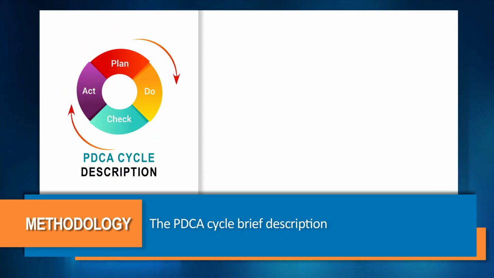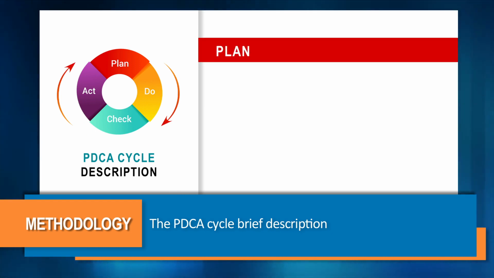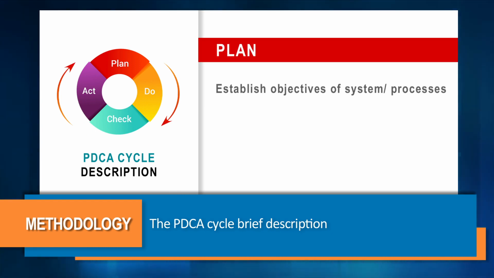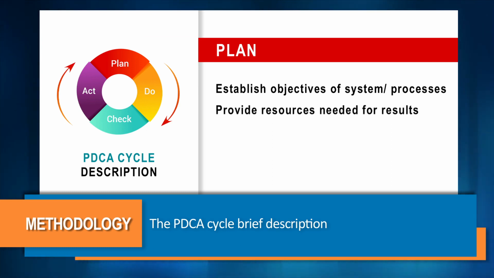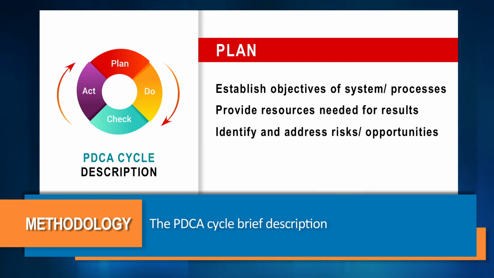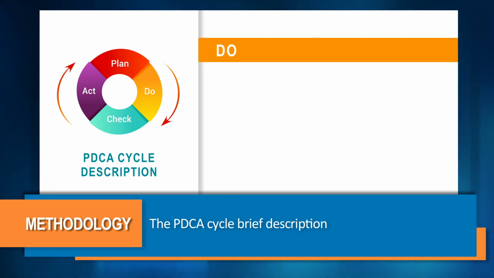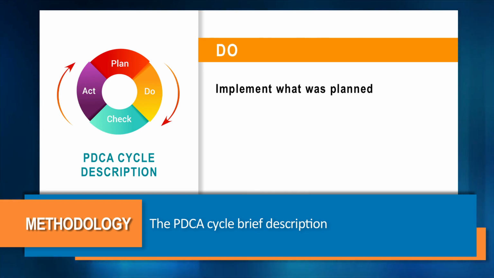The PDCA cycle can be described briefly as follows. Plan. Establish the objectives of the system and its processes. Provide the resources needed to deliver the results, and identify and address risks and opportunities. Do. Implement what was planned.